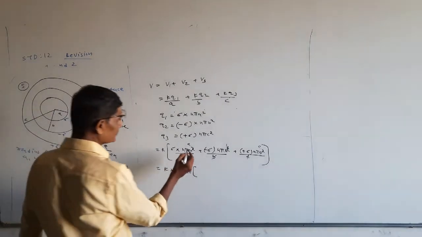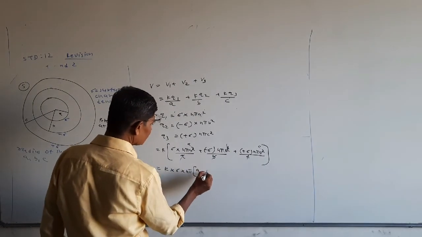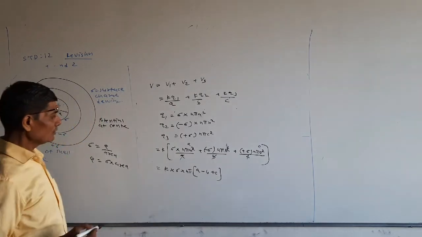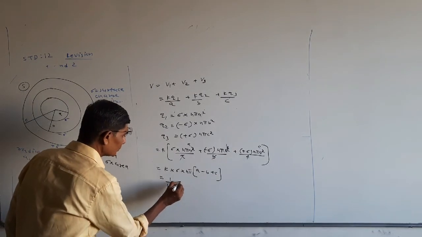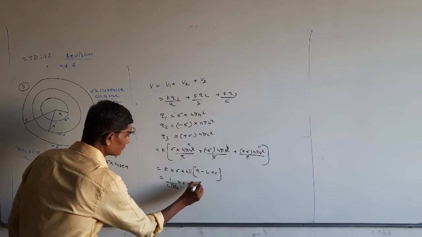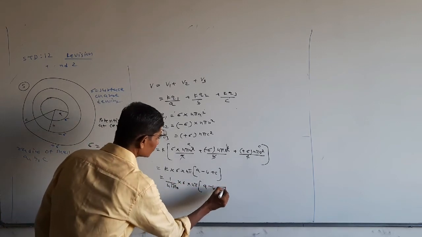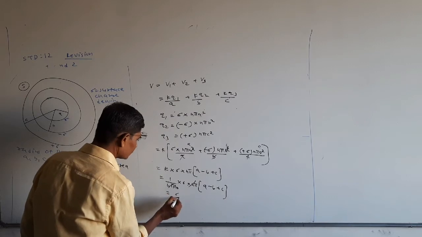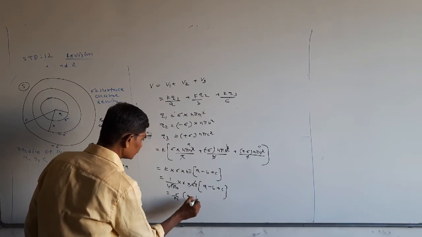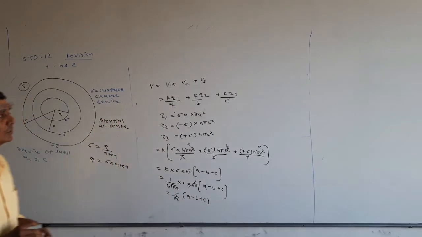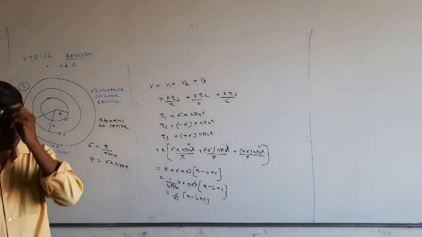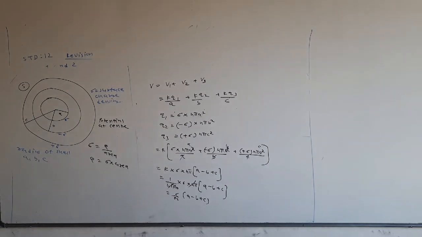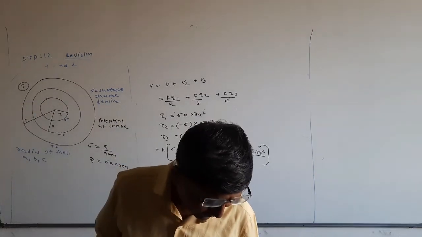What is left here is A minus B plus C. Now K is 1 upon 4 pi epsilon 0, times sigma into 4 pi. So this is how we can calculate the potential at the center. Now we take the next question.